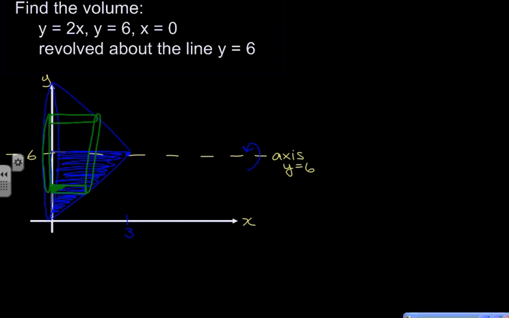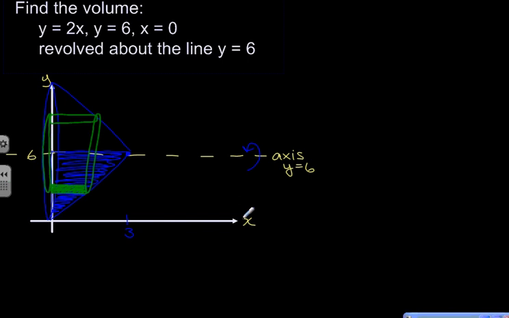And our shaded rectangular strip. And now from our cross section, we can identify if this is going to be a dx or dy problem. We will need to identify the radius, and we'll need to identify the height for our cross sections.